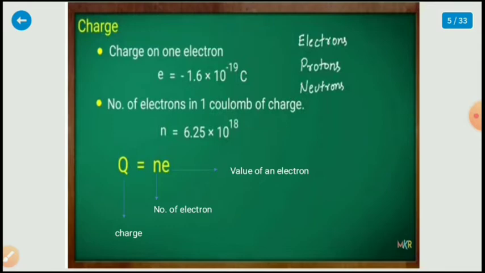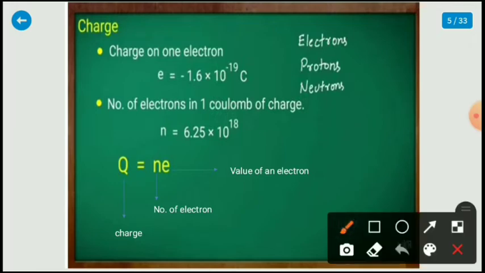There are three types of particles in an atom. First is electrons, second is protons, and third is neutrons. Electrons have negative charge, protons have positive charge, and neutrons are electrically neutral.